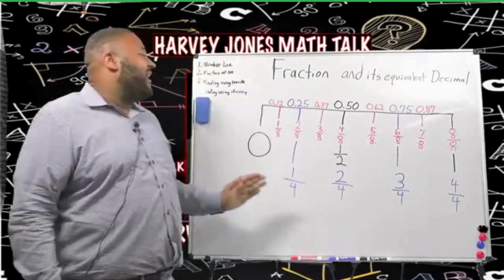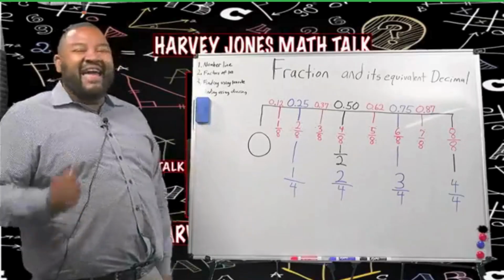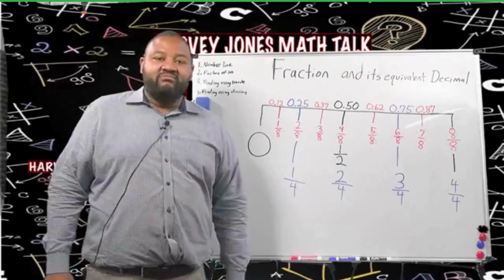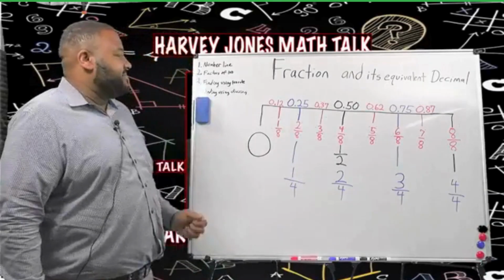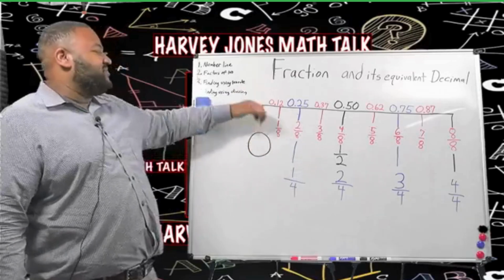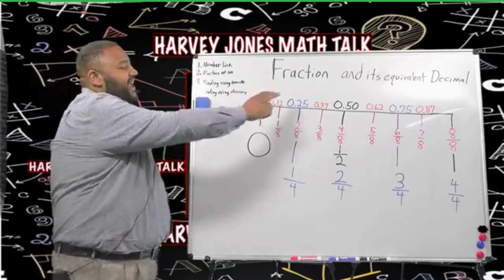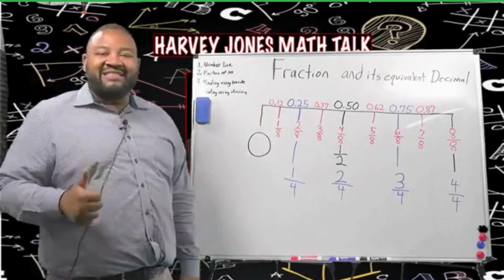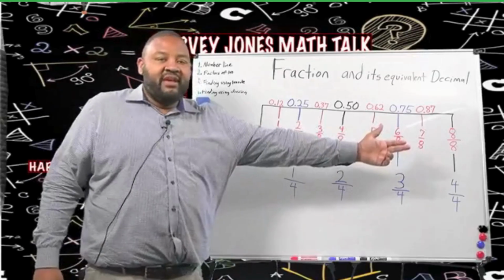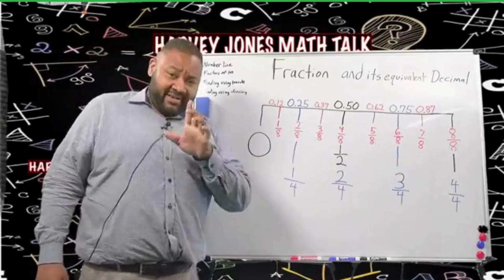Right now, I'm just going to stop at 1/8. Slice it into 8. What you can see here is I have my eighths, and on the top of the line, I have my equivalent decimal that goes along with it. Now, how did you get eighths? Watch this carefully.